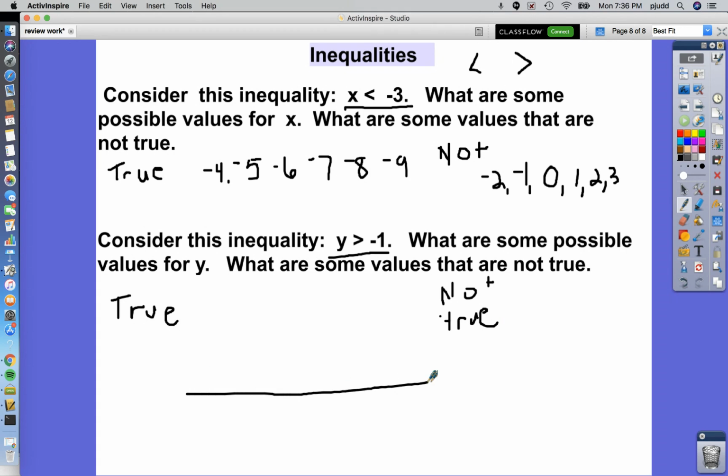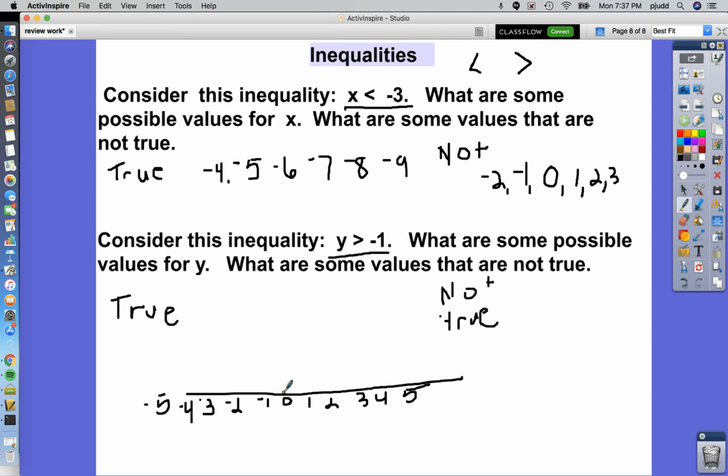So again, if I look at a number line, here's 0, here's -1, 0, 1, 2, 3, 4, 5, and going up, my positive numbers will get larger. Going to the left of the number line, -2, -3, -4, -5, and the further to the left I go, the smaller the value of the negative number goes. So I want values for y that are greater than -1.